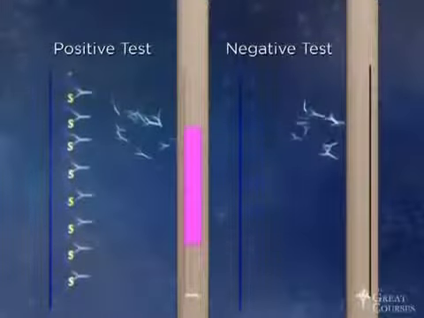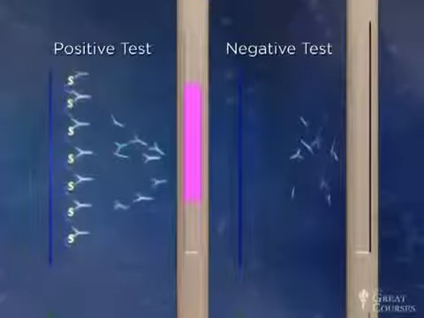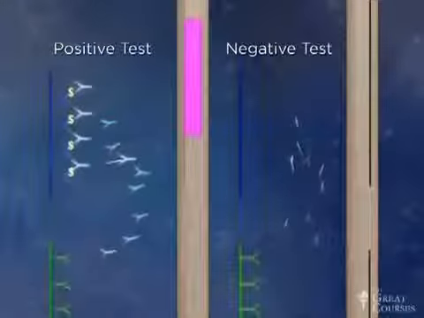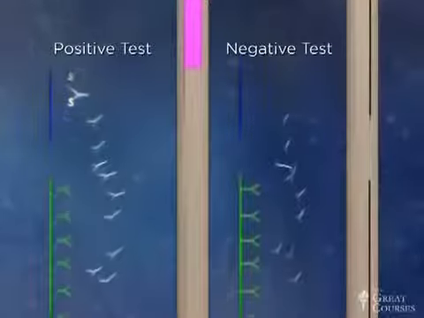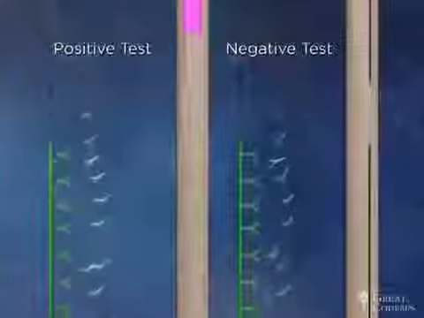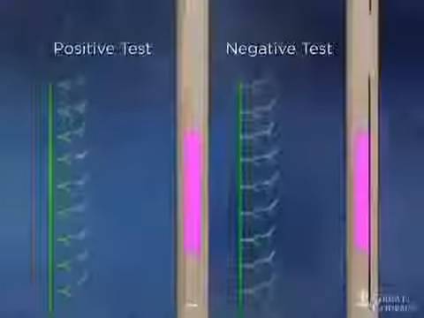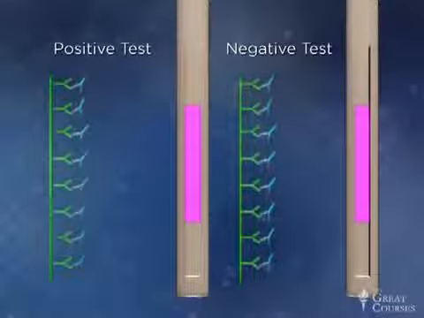At this site, a filter will stop the large complex from flowing through it, and it concentrates it into a line. And then close by, any leftover gold nanoparticles that are still there are trapped by a finer filter, and they're used as a control to show that the sample was actually transported through the device, so that you always have a positive signal even if the pregnancy test is negative.